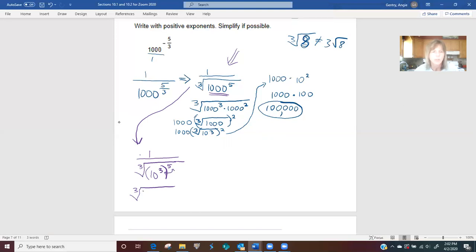So that's 10 to the 5th cubed, and it's 1 over. Can't forget that that was originally a fraction from here. And then that turns into 1 over. This matches this. So what comes out, 10 to the 5th, which is 10 times 10 times 10 times 10, etc.